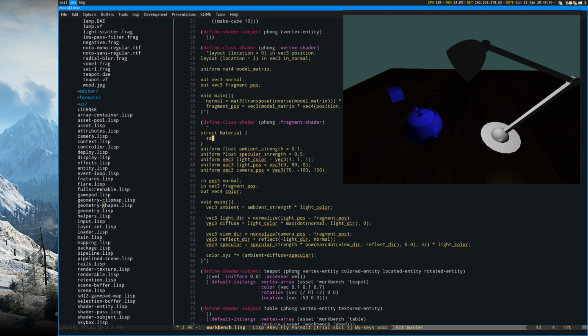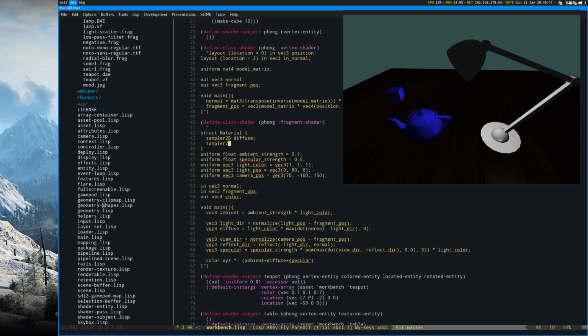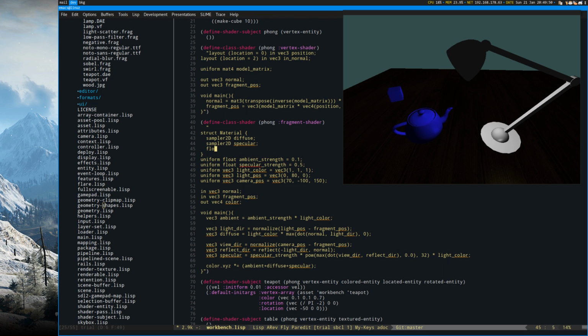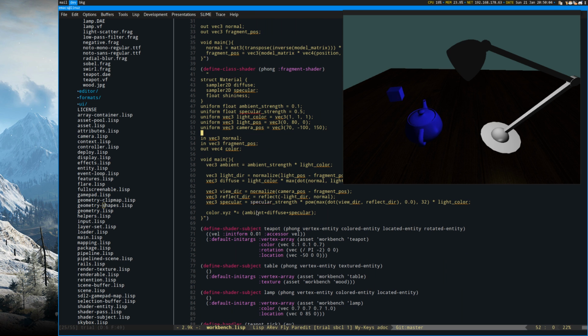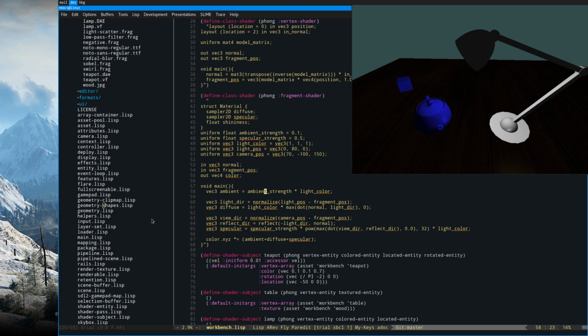So we'll have us... That's not the two. This means we won't be able to use textured entity more because that doesn't mix, right?